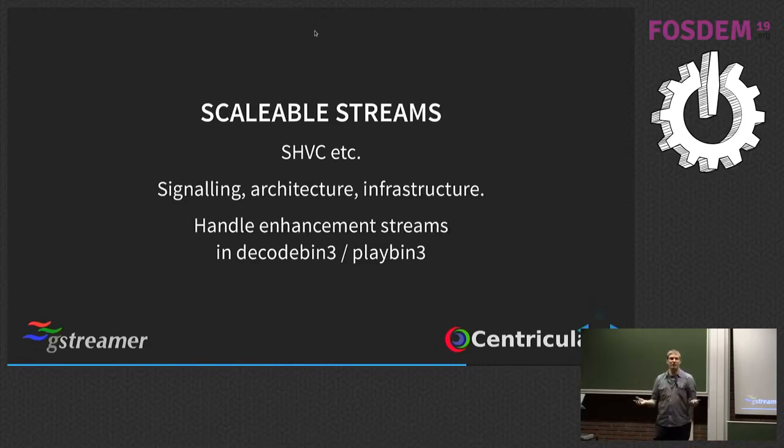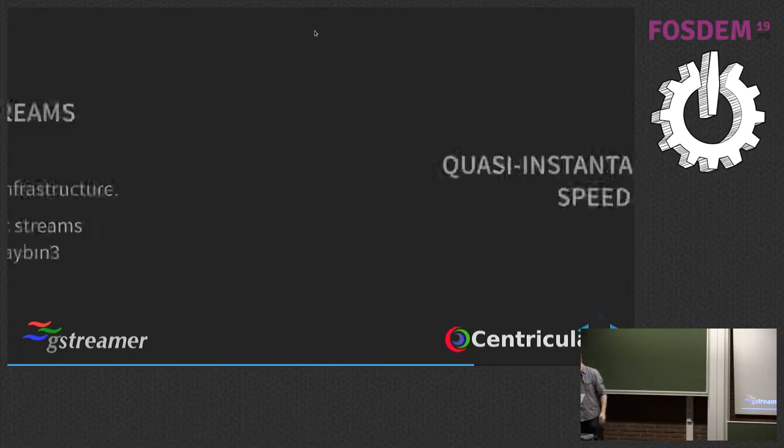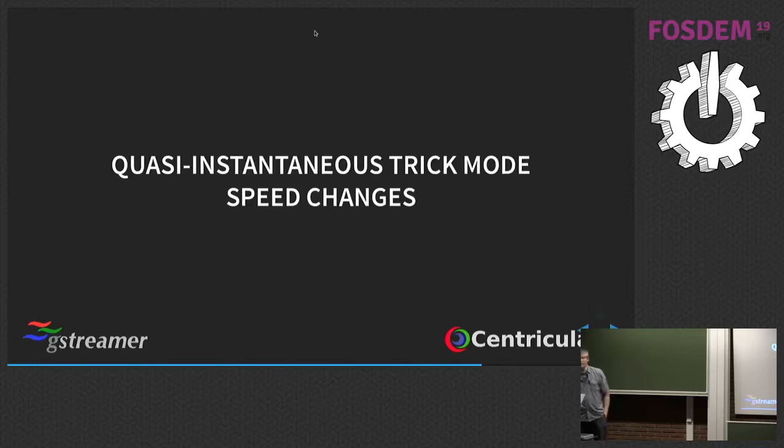The same thing, for example, for normal video, and then you want to provide high dynamic range, more colors. You can do that as an enhancement stream, for example, or higher frame rate, things like that. Yeah, these are big topics, and we're working on signaling for that in GStreamer architecture and infrastructure. And hopefully one day Playbin will just be able to pick it up and it'll just work.